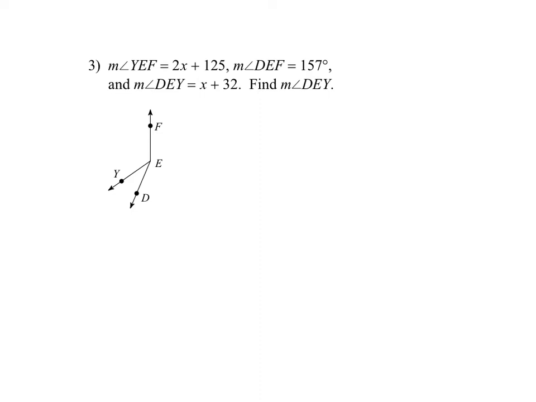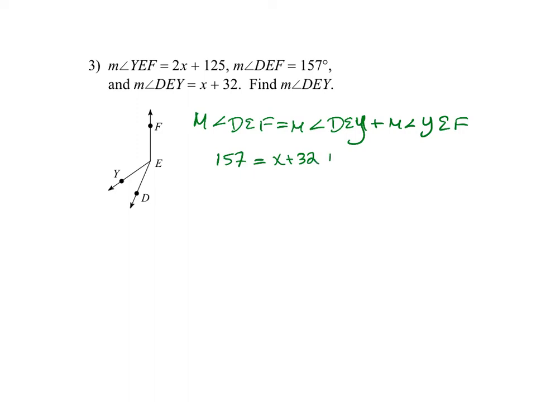The measure of angle DEF equals the measure of angle DEY plus the measure of angle YEF. So DEF is 157, equals DEY, which is x plus 32, plus YEF, which is 2x plus 125.